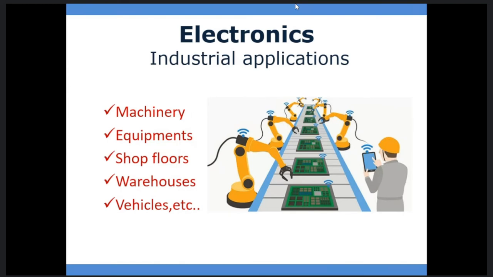Industrial electronics: each and every machinery equipment. For example, consider a mobile phone manufacturing industry. You have various machineries, for example the SMT line, surface mount technology. Better you have some paper or notebook so that you can write the important keywords you are hearing. We have around five shop floors.